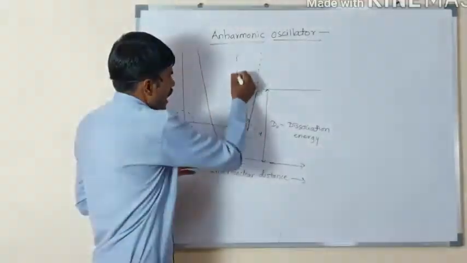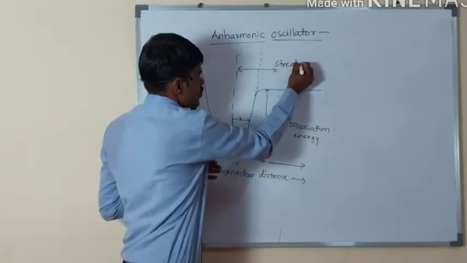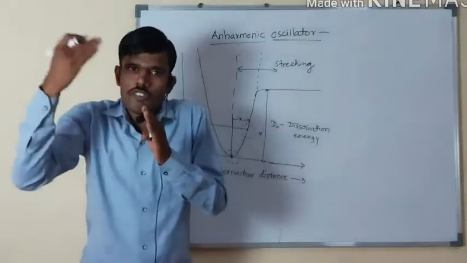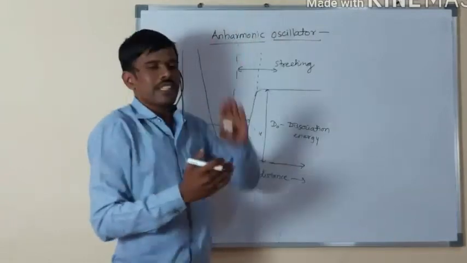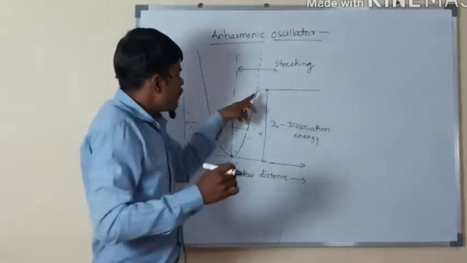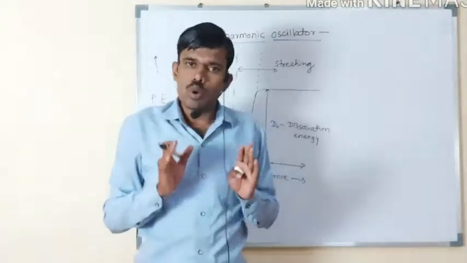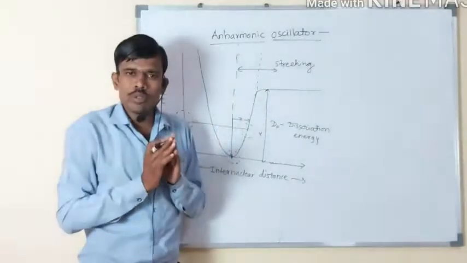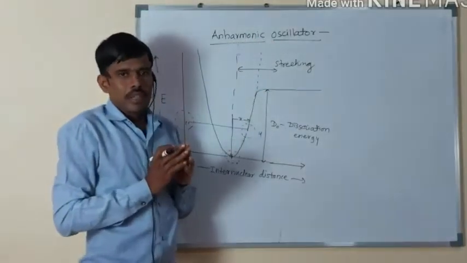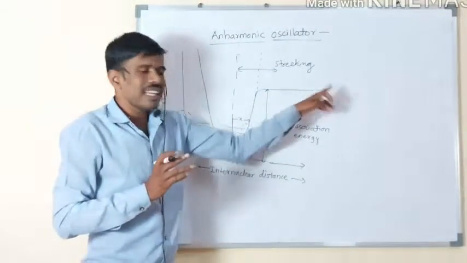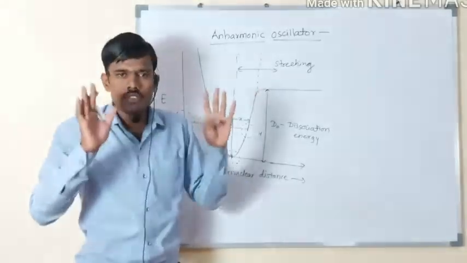So towards the stretching side, further extension of bond cannot take place after this point, because this bond is already broken here. So up to this point, Hooke's law is applicable to the molecule, but after this point, Hooke's law cannot apply, because at that time the potential energy of the molecule is constant due to breaking of bond.